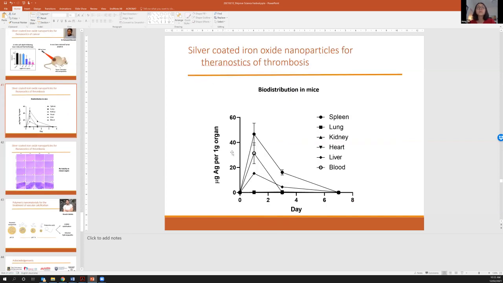Here, after 7 days, the level of the particles in all organs goes to the baseline. But the mechanism we haven't investigated deeper.